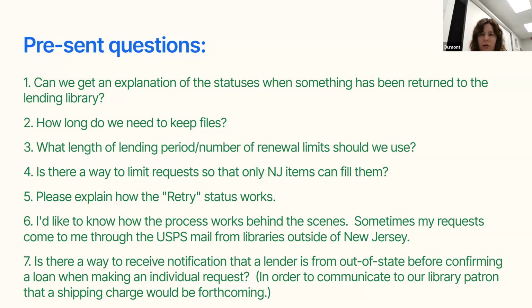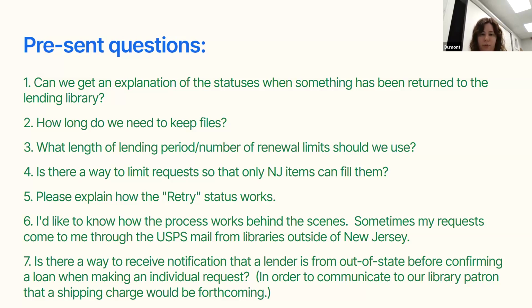For the number of renewal limits, JerseyCat actually doesn't have that option. They just have yes or no as an option. So you would either allow renewals, yes, or don't allow renewals, you would select no. They recommend selecting yes because you can always choose to deny a renewal request, but that's entirely up to you and your library. Question 4 was addressed before.